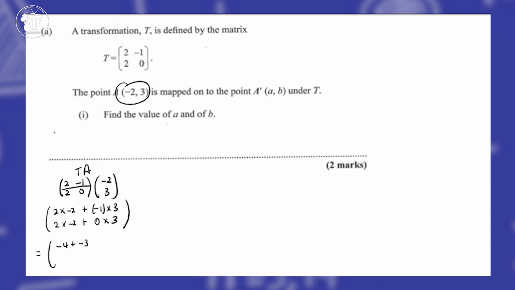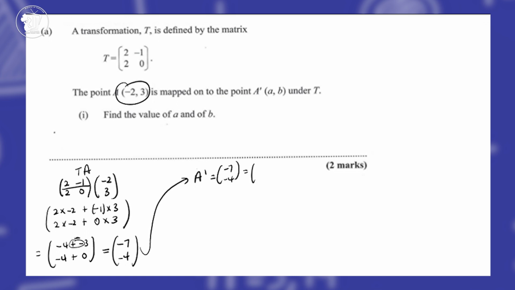And 2 times -2 is -4 again, plus 0 times 3 is 0. Hence, -4 minus 3 gives us -7, and -4 plus 0 is -4. Hence, A prime is equal to [-7, -4].